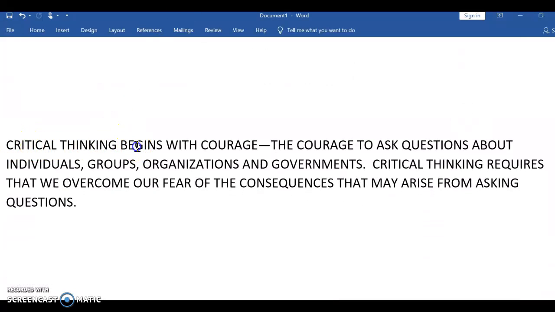Does critical thinking begin with courage? The courage to ask questions about individuals, groups, organizations, and governments. Critical thinking requires that we overcome our fear of the consequences that may arise from asking questions. Could we fear injury or death from thinking critically?